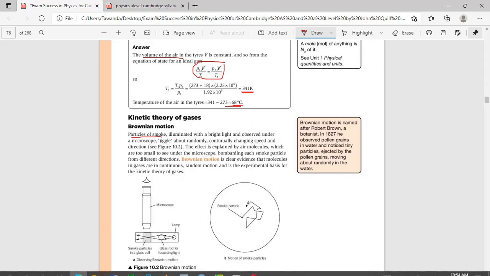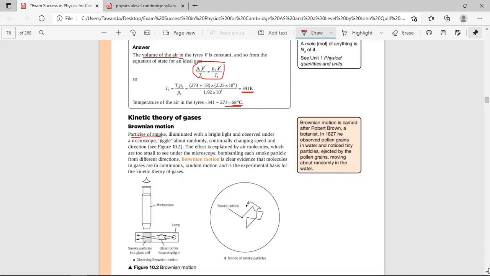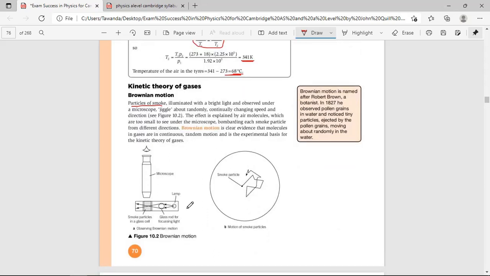This one is the experiment whereby he is observing the motion of particles through the microscope. Here are the smoke particles in a glass cell. So he's saying under the microscope the particles will be moving, jiggling about randomly, continuously changing speed and direction.